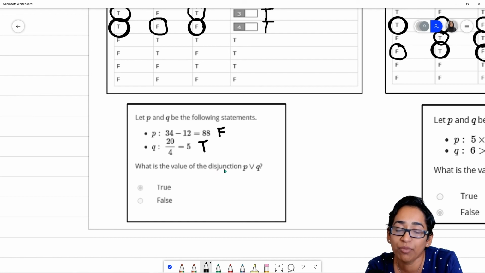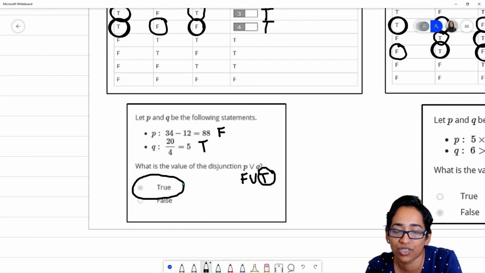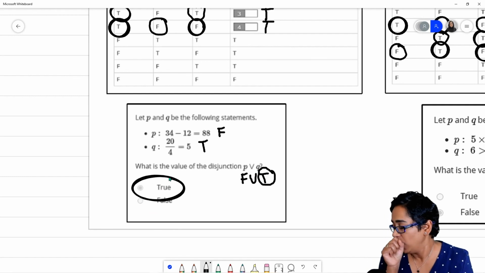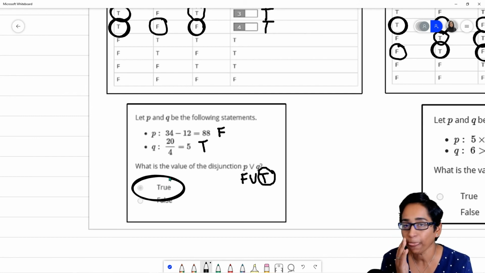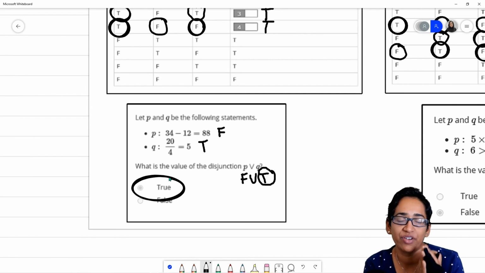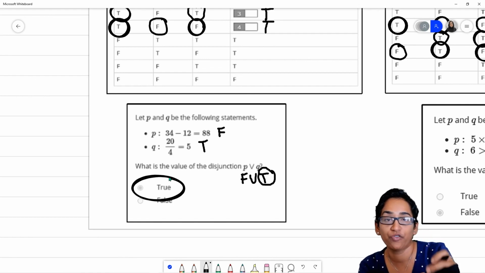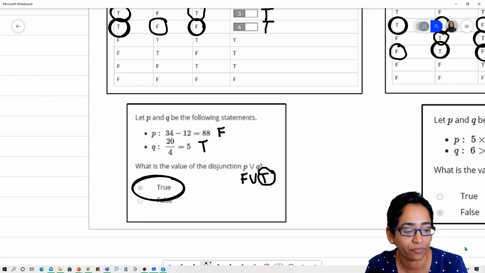What are they asking me? Find the value of the disjunction. Remember when disjunction is true? So this is false or true. Disjunction is true even if one of them is true. So my answer is true. So you have to take it very, very slowly and take the truth value of each and every statement.